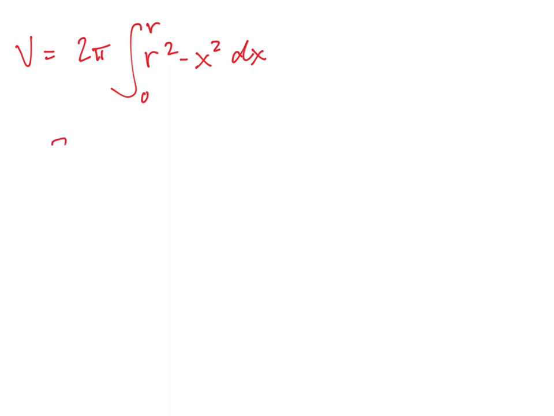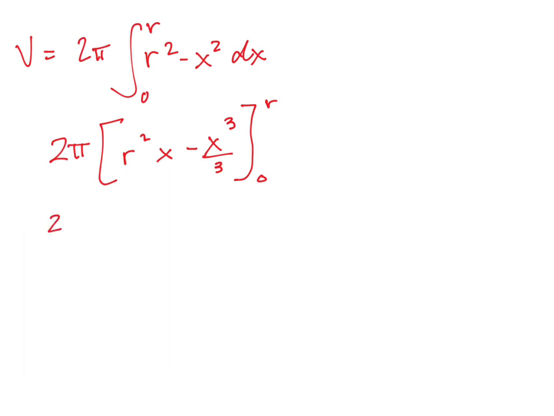So this integral is going to be 2 pi times r squared x minus x cubed over 3 on the interval from 0 to r. You'll see where this is going.